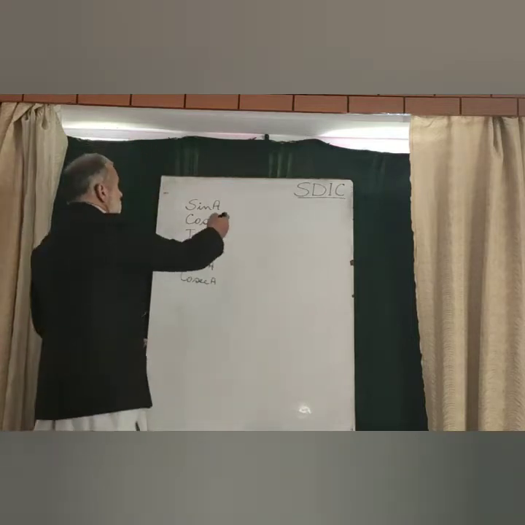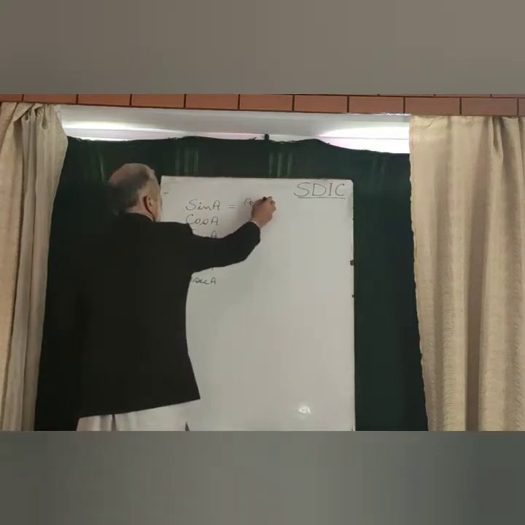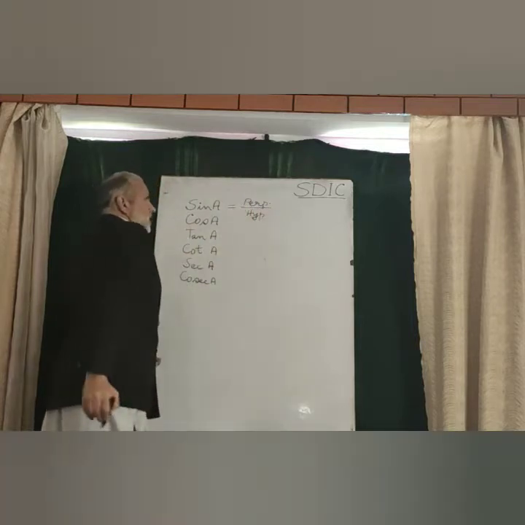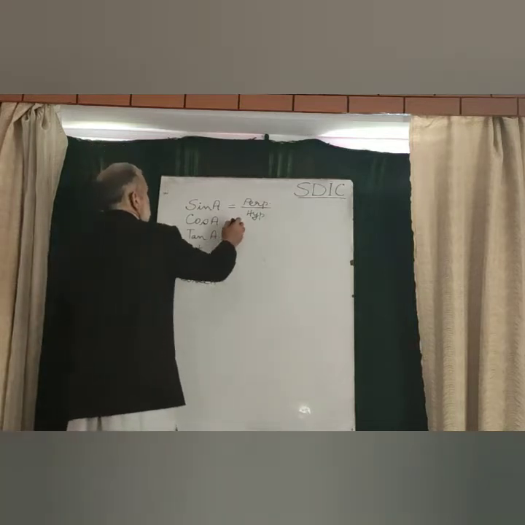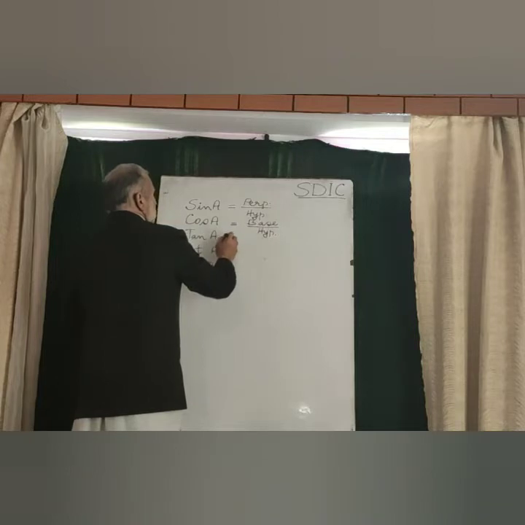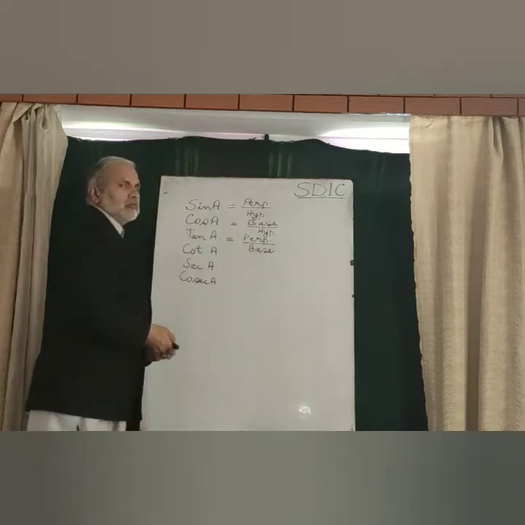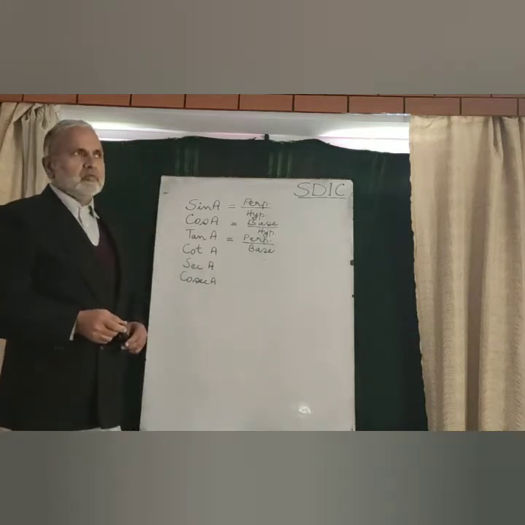Thus, we have sine A as perpendicular by hypotenuse. The definition of sine. Acute angle is A. Cos A is defined as base by hypotenuse. Tan A is defined as perpendicular by base. These three definitions we get from that statement.